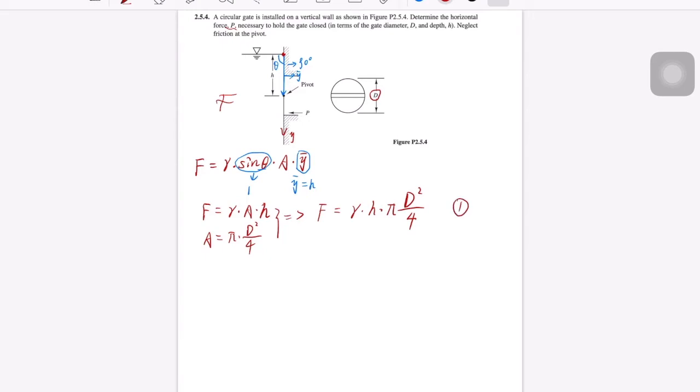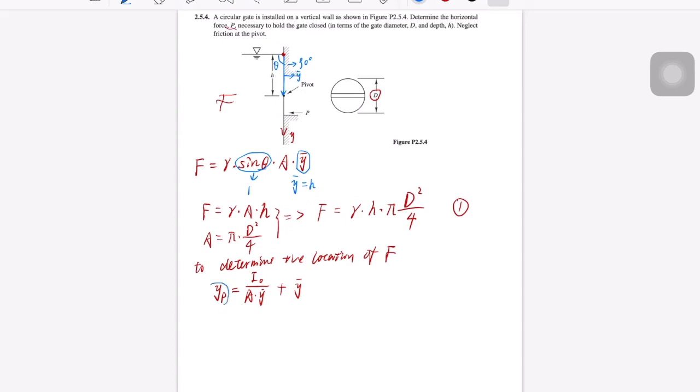And then we also need to determine the location of the hydrostatic force. So we have the equation yp equals I0 divided by A times y bar, plus y bar.